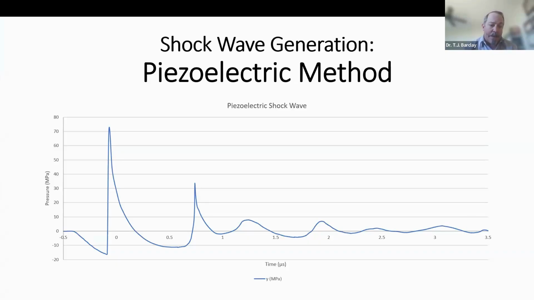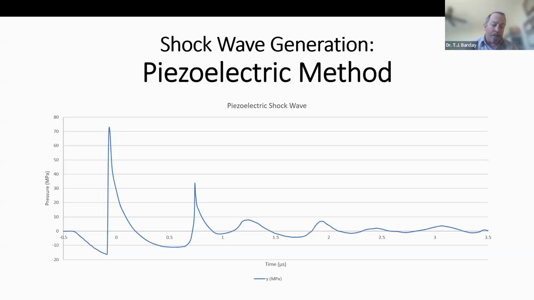Of note is the more significant negative pressure generated by these types of generators, so you're going to have more tissue cavitation there. The other thing is the ring down: you can see the oscillation as that wave tails off, and that's just due to the ringing down of that piezoelectric array. This is a characteristic of all the piezoelectric generators.